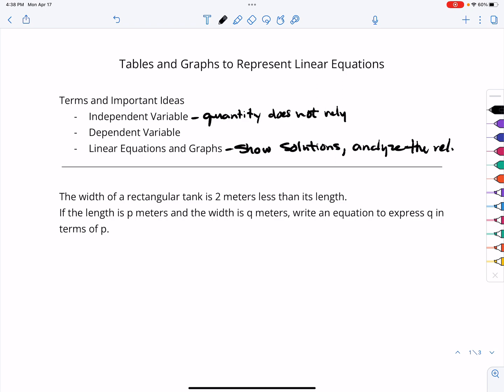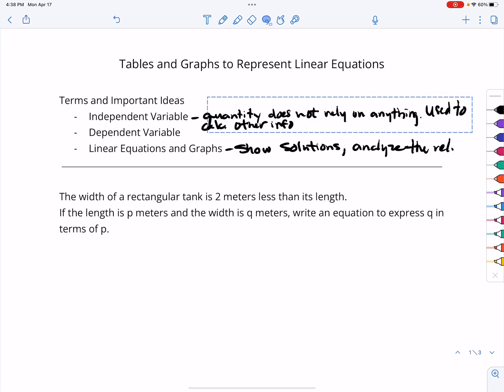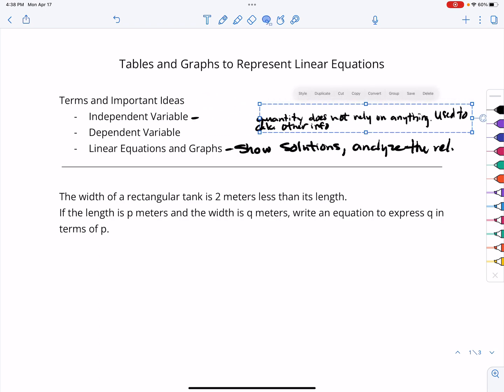So the amount of distance you drive is based on the amount of time that you drive. This quantity does not rely on anything, and it's used to calculate other info.